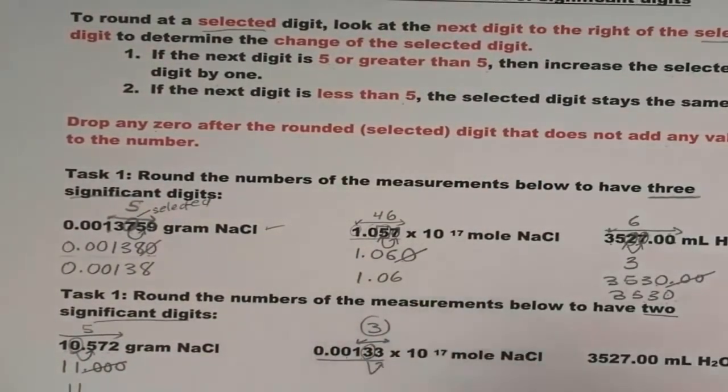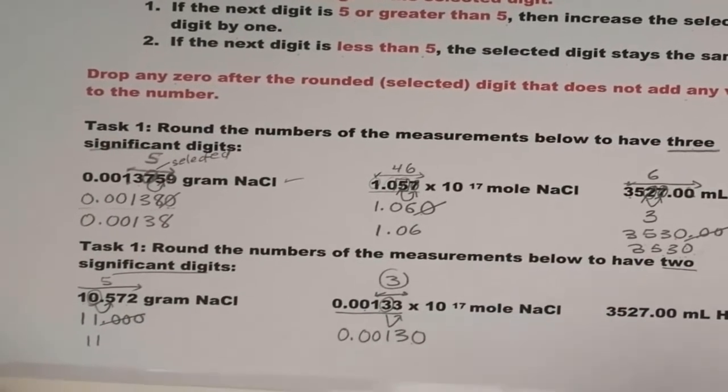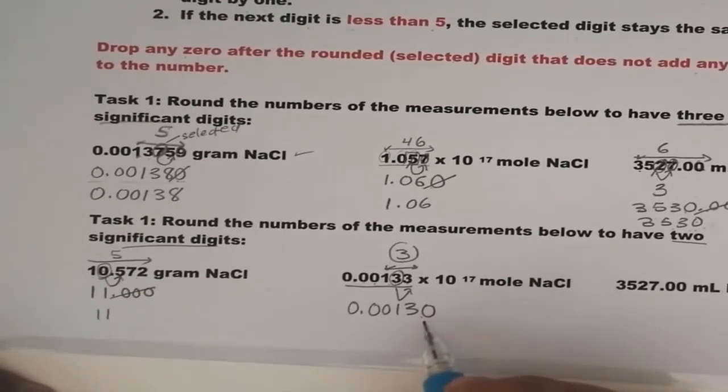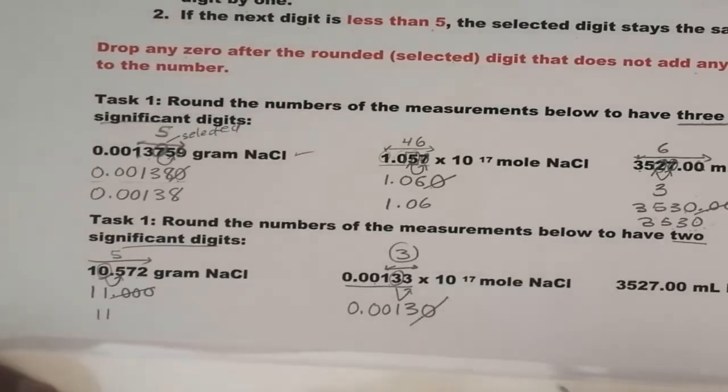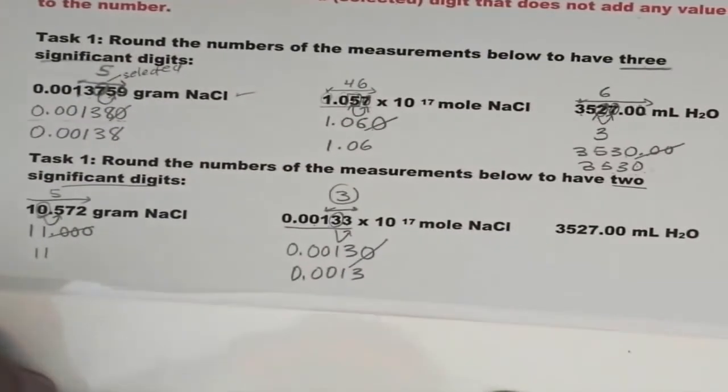In this case, that 3 stays the same. So we have 0.00130. Now, do we keep this 0? Well, does this 0 add any values to the number? No, so we just ignore it. So what we have here is just 0.0013, and that's our answer.